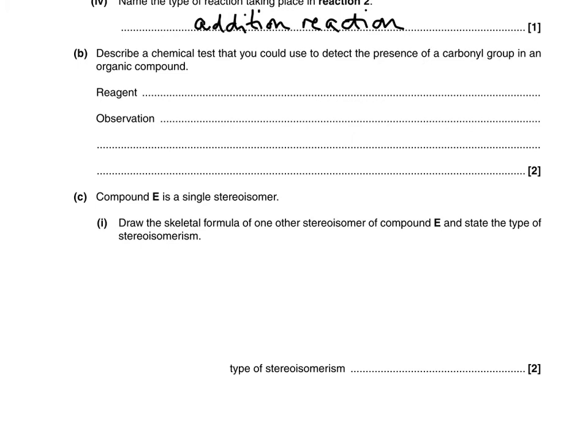They'll allow Brady's reagent, which is the easiest way to remember it, or 2,4-DNP. If you want, you could remember 2,4-dinitrophenylhydrazine, but I rather doubt you can be bothered with that. Positive test with this is orange precipitate. So it'll accept yellow or red.